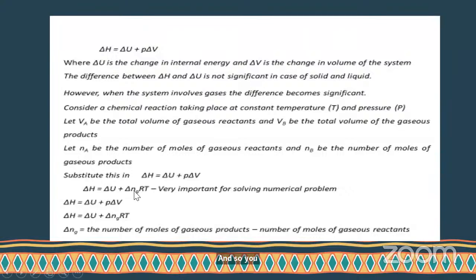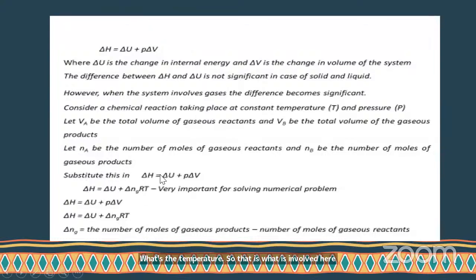That is, Ng represents the number of moles of the gaseous substances, so delta Ng is the change in the number of moles of the gaseous products and the reactants. That is why we introduce this. Because the reaction is taking place at a constant temperature, we are going to look at the gas constant and the temperature.